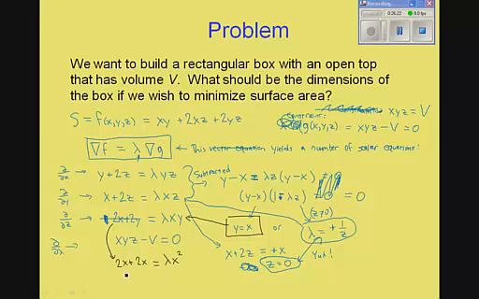Okay. So 4x minus lambda x squared equals 0. And again, I'm going to factor, and I get 4 minus lambda x times x is 0. You don't want x to equal 0. So it looks to me like x has to equal 4 over lambda. Okay?